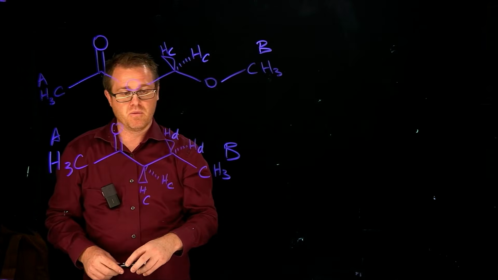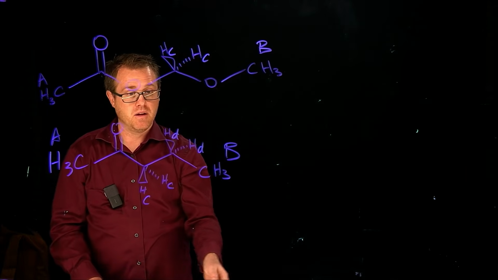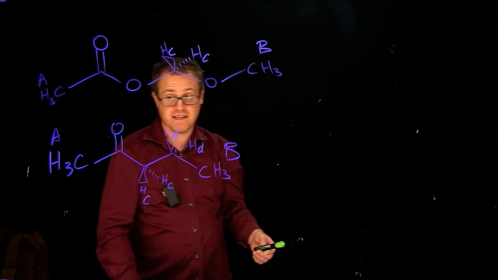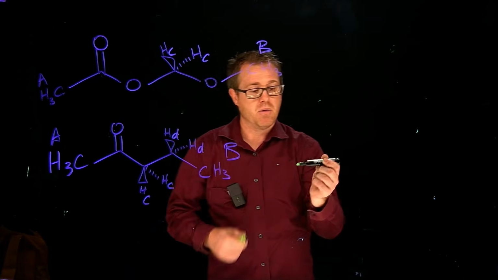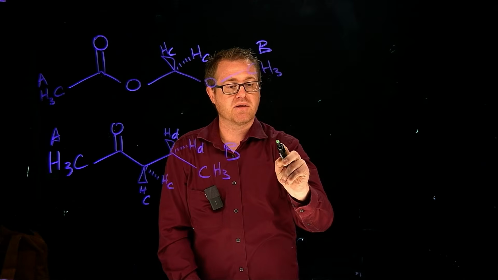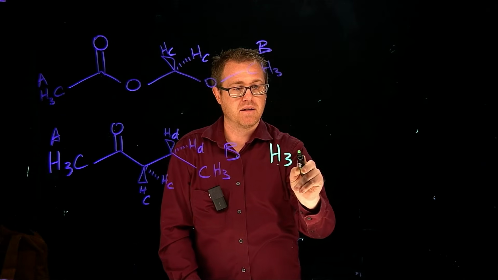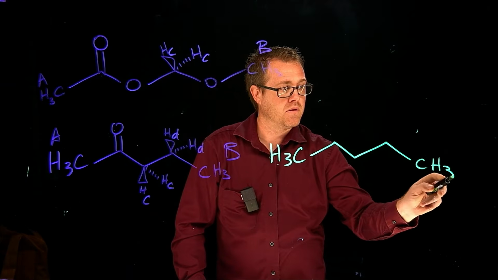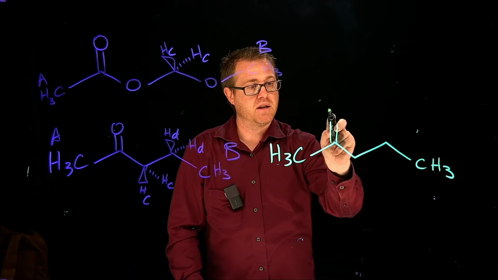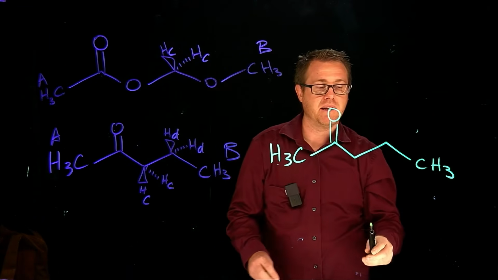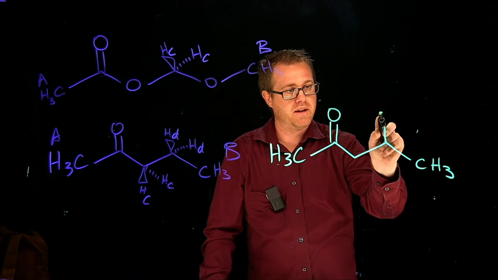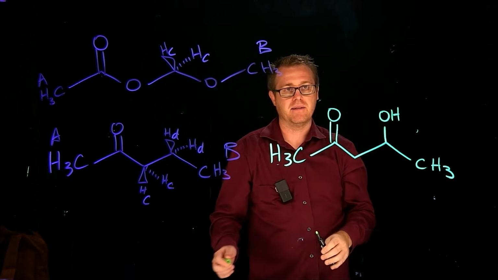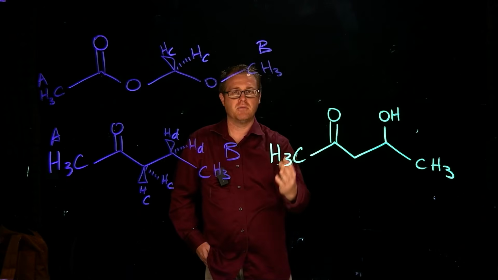So in this particular one, we are going to have A through D, so 4 signals. But what if I change it up ever so slightly? Take a look at this. What if I change it up by doing something interesting? What if I just say I put an alcohol right there?